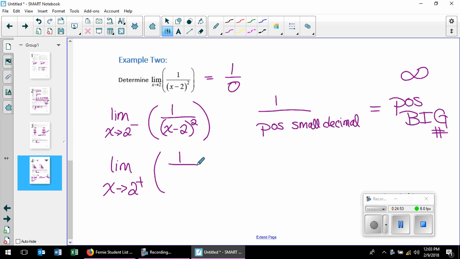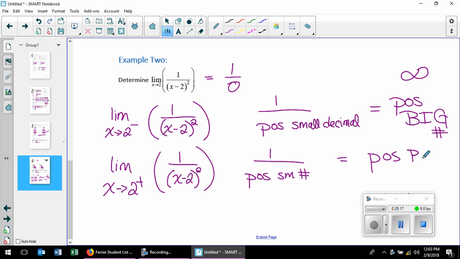And then I'm going to square it, so it's going to be another positive small number. So this is going to be 1 over a positive small number, squared. This one would have given us a negative, but once we squared it, it gave us the positive. So we're headed to a positive big number again, which is called infinity.